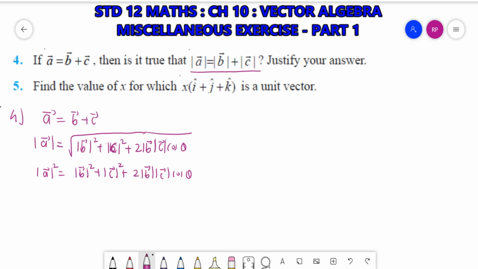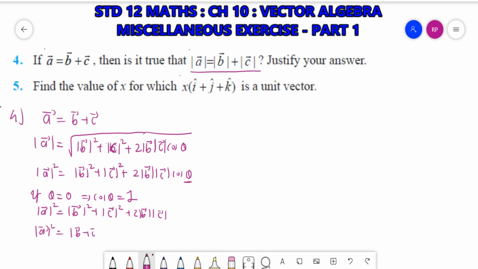So now see, in this case, if angle theta is equal to 0, that implies cos theta will be equal to 1. In that case, A square equal to B square plus C square plus 2BC. A square will be equal to B plus C whole square.